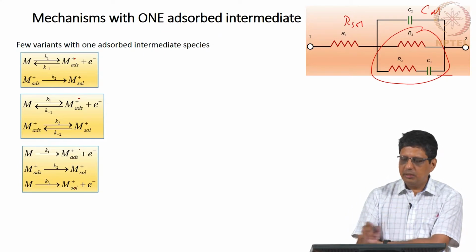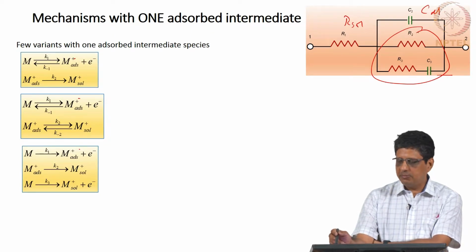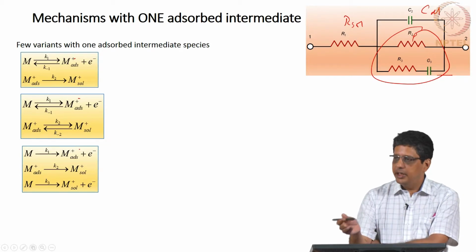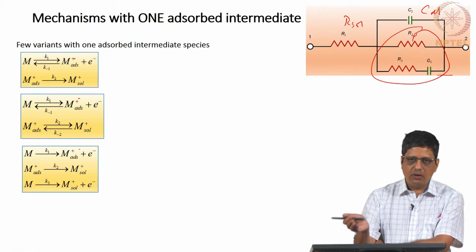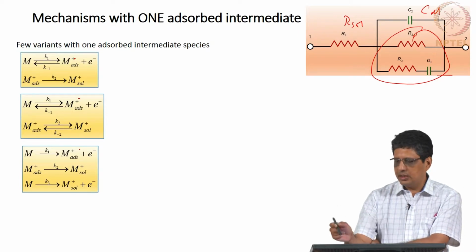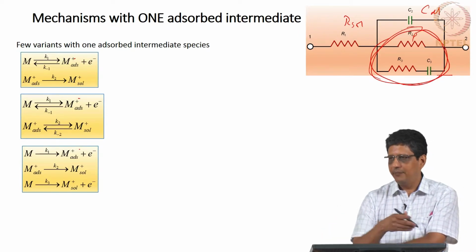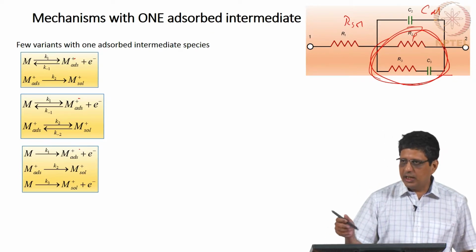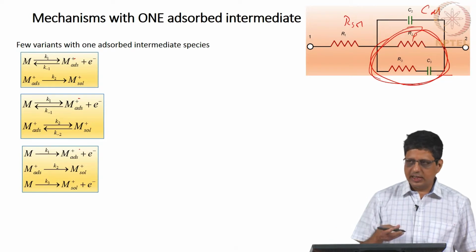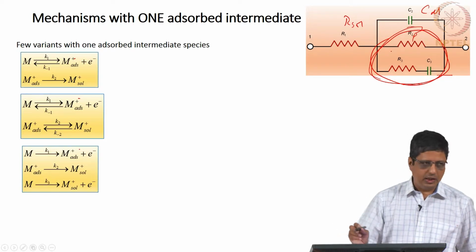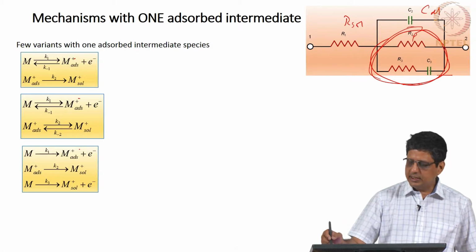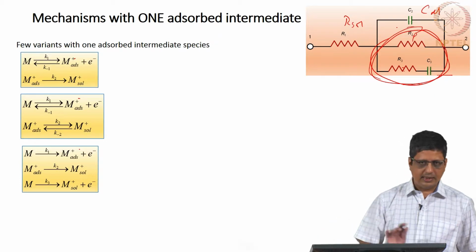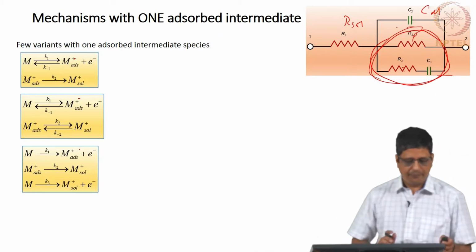For a single adsorbed intermediate, you can represent the Faradaic impedance by the R polarization along with one Maxwell element. It can also be done with the equivalent ladder circuit, because I can replace this circuit with an equivalent set of elements. Of course, I may have to allow for negative values here to get an inductive loop, to get negative differential resistance, but one resistance and capacitance, or one resistance and inductance, along with the resistance, is sufficient to model this.